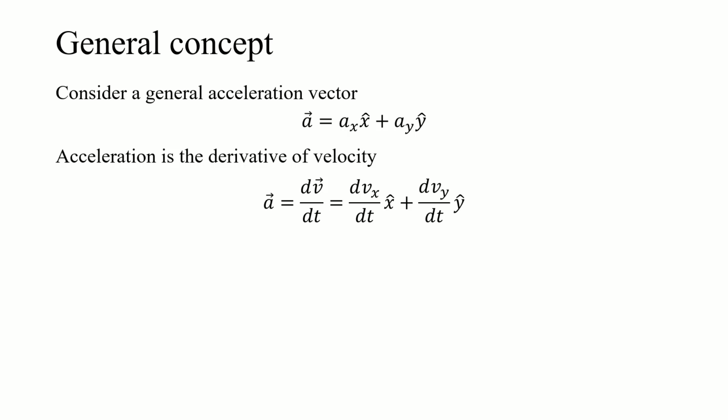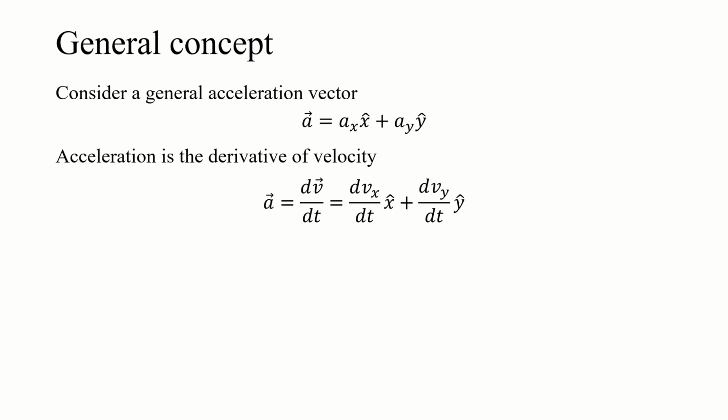So the acceleration vector is the derivative of the velocity vector with respect to time. And if we break that into components, the unit vectors that are describing the directions of those components are constant with time, so those just go through like a constant. And we have the derivative of the x component with respect to time in the x direction plus the derivative of the y component with respect to time in the y direction.